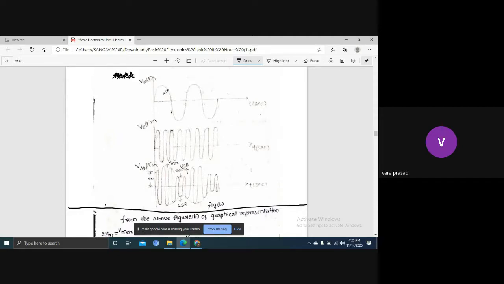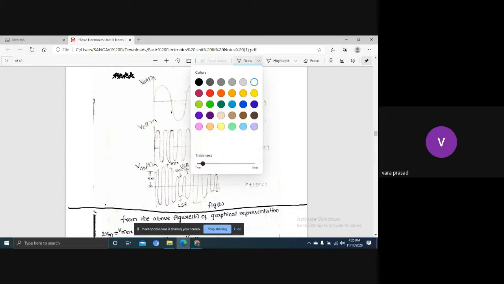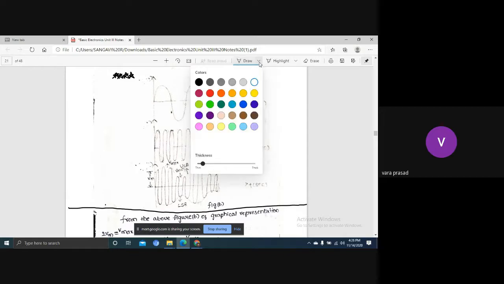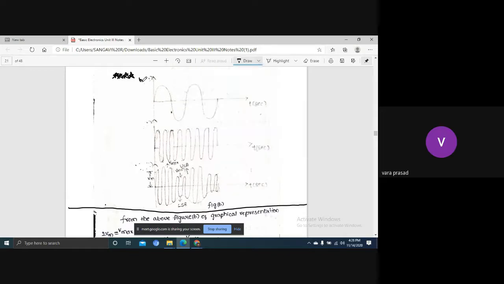This is the message signal m of t. This is the carrier signal and this is the modulated signal. Here I write m of t, c of t, and this is y of t.